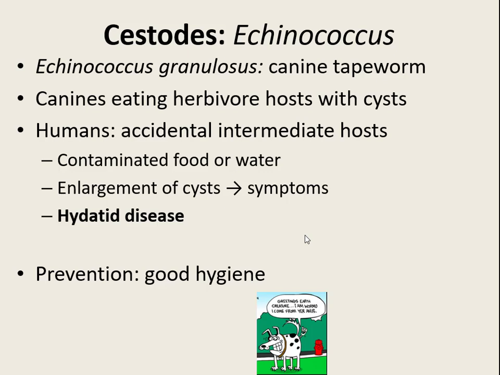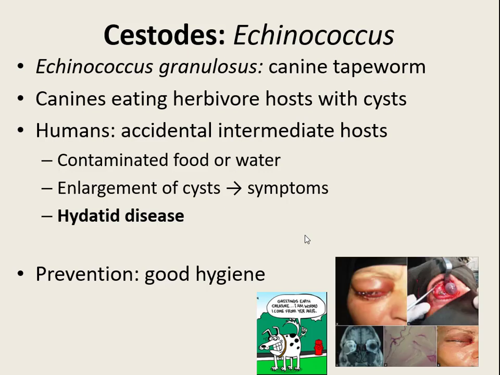That usually doesn't happen, that dogs are eating humans, and so again, accidental hosts. But even though it can't develop into the full adult in us, because it can still form a larva and then form that cyst around the larva, where the cyst ends up can cause a lot of issues.